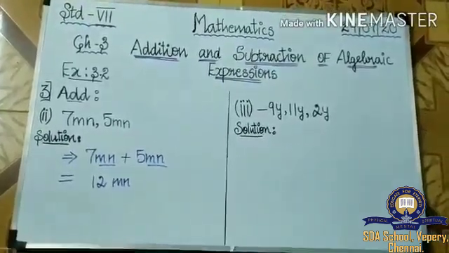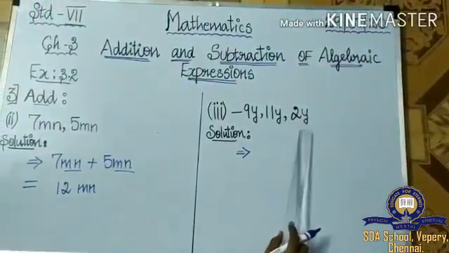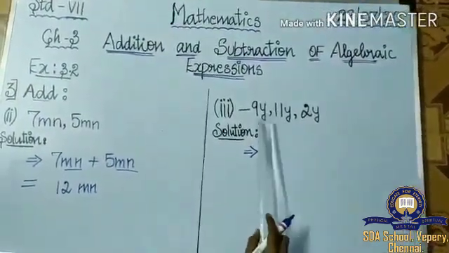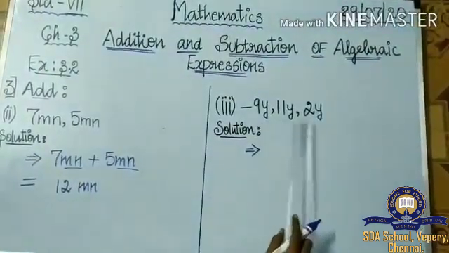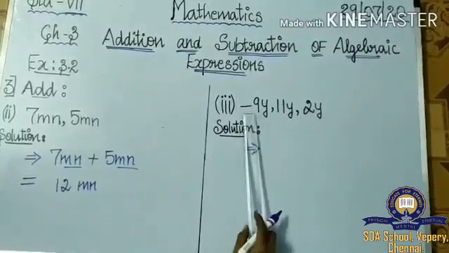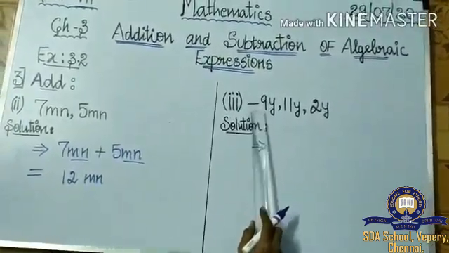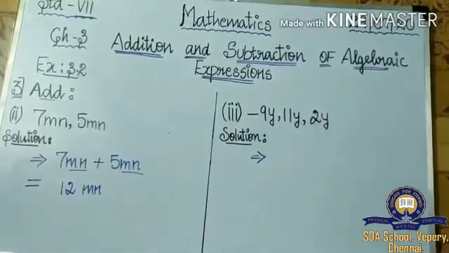In the third sum, minus 9y, 11y, 2y. Okay, the first step is we are going to add the terms. Here we have three terms. The first term has a minus. Don't worry about this minus; just write it as it is in the question.